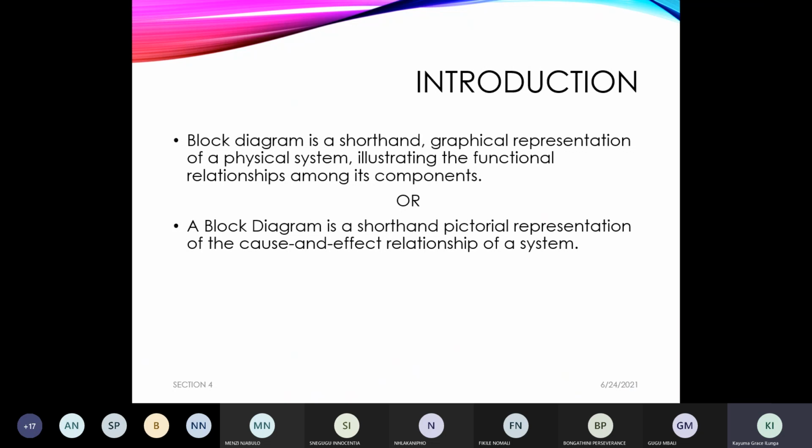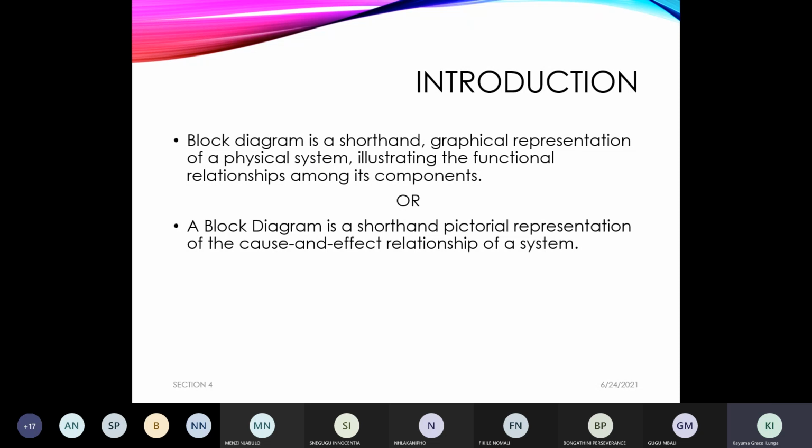As an introduction, we are going to start with the definition. I think the word block diagram is not new to you because you have already heard it. We talked about the block diagram in the first section, the introduction of control system, where what we call the architecture of a control system was just a block diagram representation of a control system.